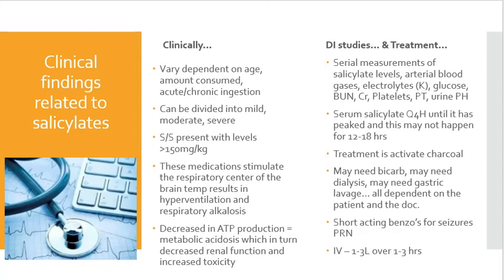Potassium can be added to the IV to avoid potassium loss associated with alkaline diuresis. Sometimes hemodialysis is required. Sometimes the patient presenting with severe metabolic acidosis may need an additional amount of sodium bicarb IV. And if the patient starts having seizures, they may also require benzodiazepines as treatment.